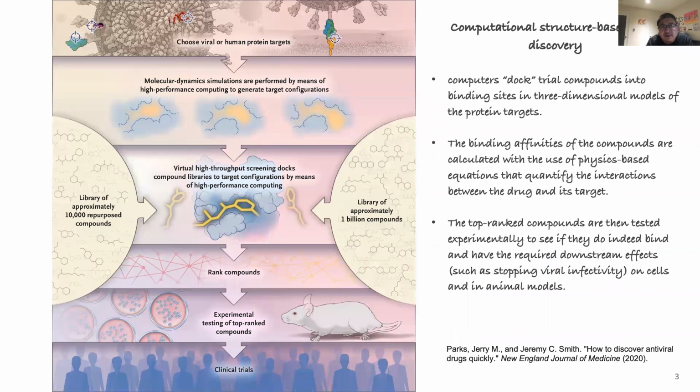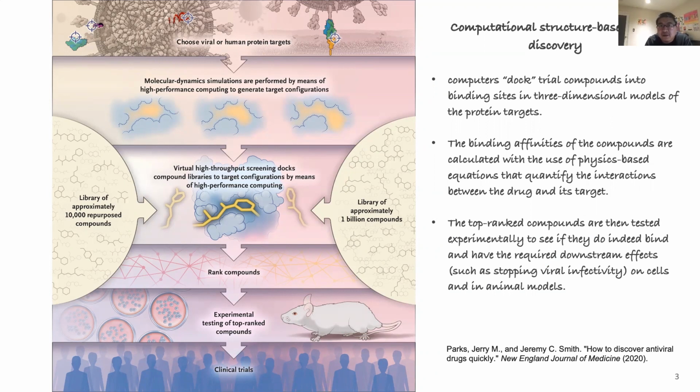And one of the approaches shown in this figure is mimicking nature through the use of computational structure-based drug discovery. In this process, as this figure shows, computers dock trial compounds into binding sites in 3-dimensional models of the protein target.